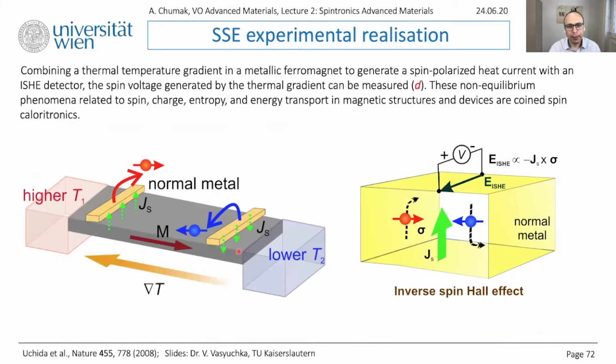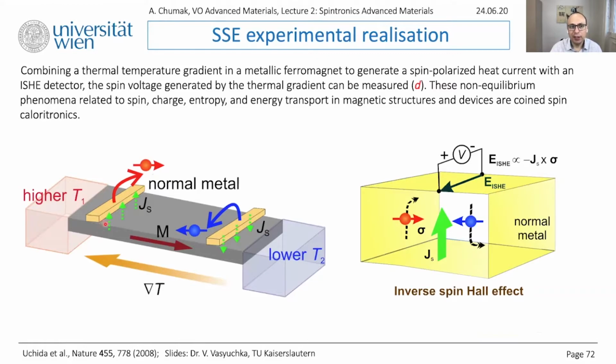There was a metal permalloy thin film, which was placed in a thermal gradient from one side to another, and then on top were placed contact pads, stripes of platinum, with a good interface in between to ensure proper spin mixing conductance. What happened is there was a generation of spin polarized current, and principally two currents were generated.